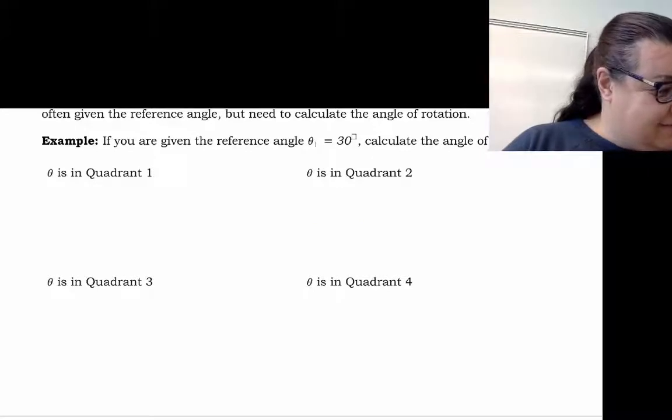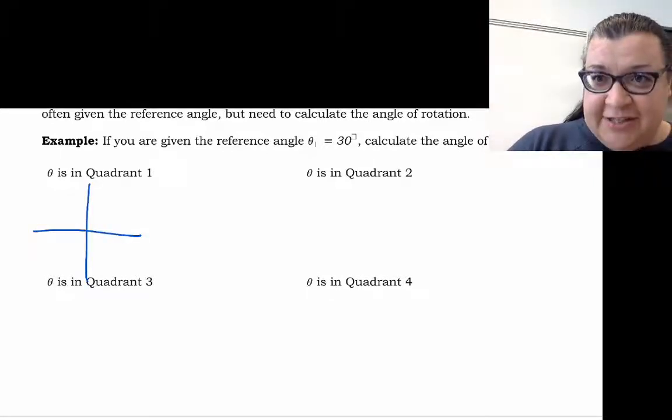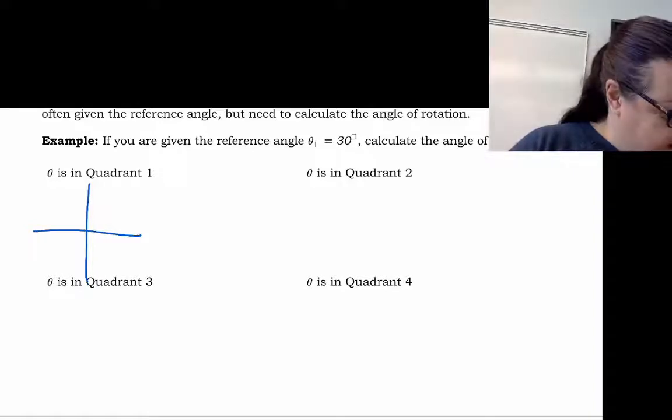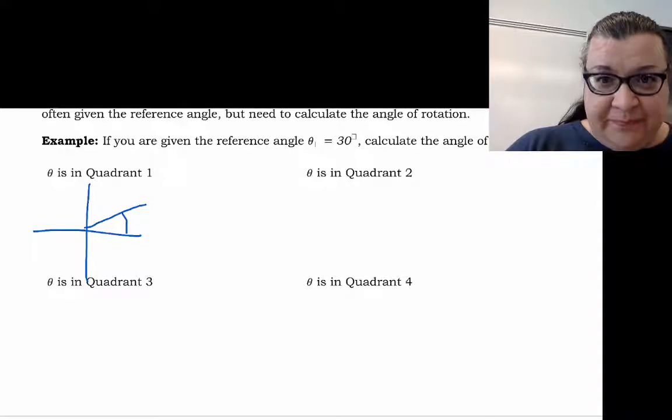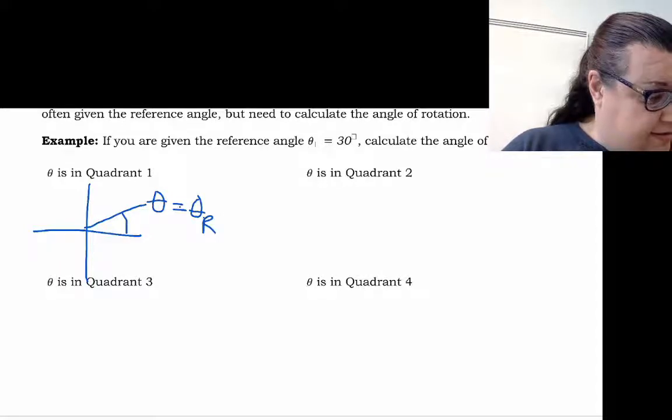All right, so, sorry, I forgot that piece of the question. I was just sketching out what we'd kind of done before. Okay, so if my reference angle is 30 degrees and it's in quadrant 1, that means my principal angle is also in quadrant 1. So calculate the angle. Well, in quadrant 1, they're the same. So both theta and the reference angle are equal to 30 degrees.